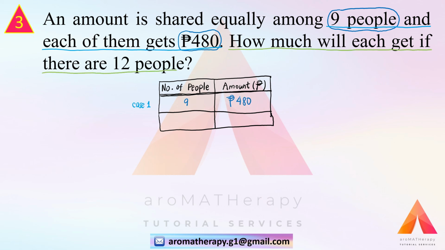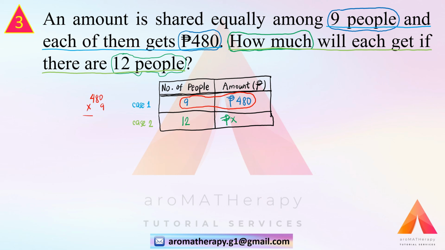Next, we are asked about the amount for case 2. We are only given the number of people, which is 12. Since we don't know the amount, let us denote it with X peso. So in this type of problem, we need to multiply the two quantities for case 1. Okay, so you write 480 times 9.